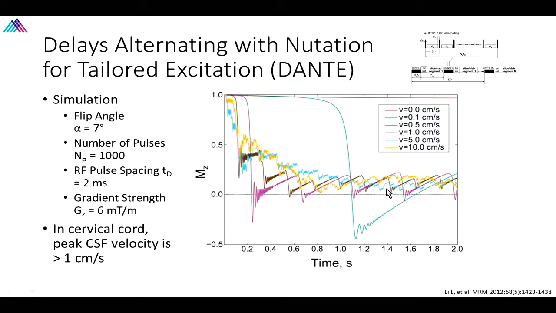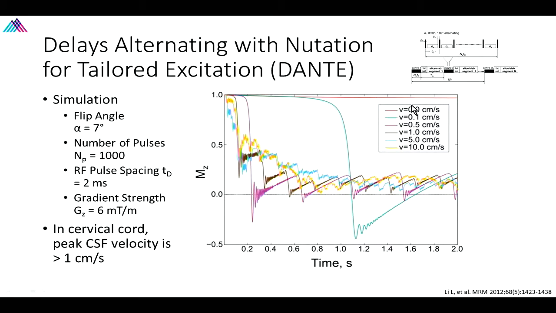So all of these moving spins do eventually get saturated to relatively the same level, but depending on the velocity of these spins, it may take a shorter or longer time for this pseudo-steady state to be reached.